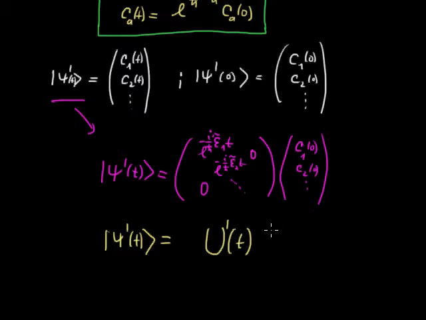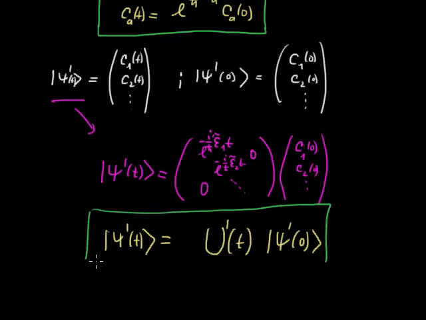So it's U dash of t, and here it multiplies the vector psi dash at the beginning of time. So this is the solution. I have written the solution in terms of an operator which multiplies the initial vector, and that operator is called the evolution operator.